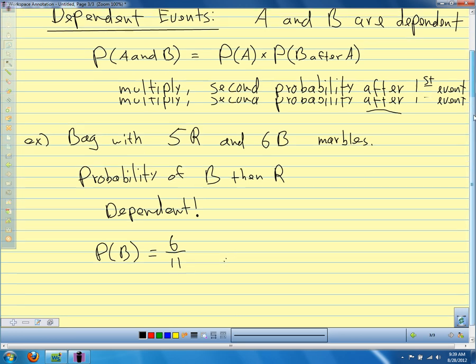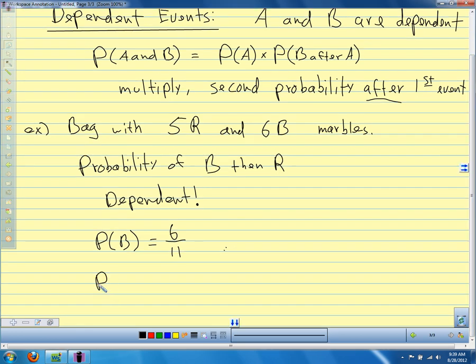Now we're going to calculate our second probability, the probability of red after blue is already picked. So our favorable, how many reds do we have? 5. How many total? 10. We only have 10 left. That's what makes it dependent. It changes this number here. We just drew 1 out of the bag, 1 blue, and we didn't put it back.